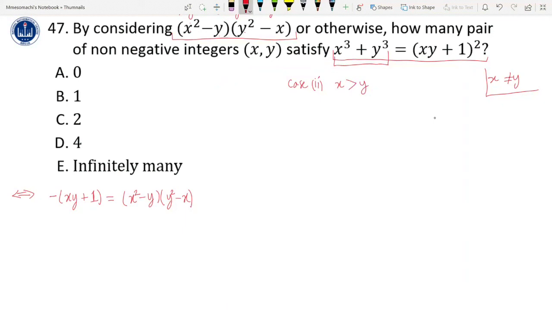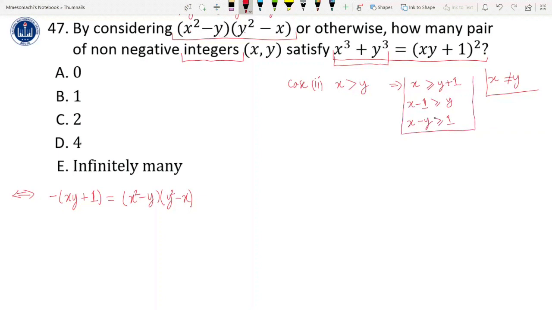When x is greater than y, since we're dealing with integers, this implies x is greater than or equal to y plus 1. This is equivalent to x minus 1 greater than or equal to y, and this is equivalent to x minus y greater than or equal to 1. So three implications.